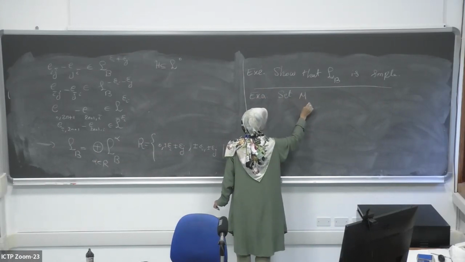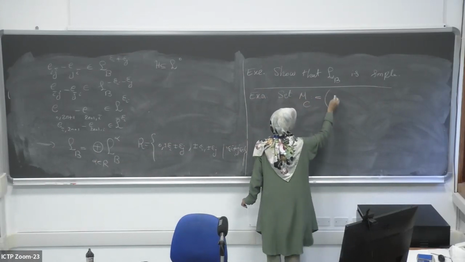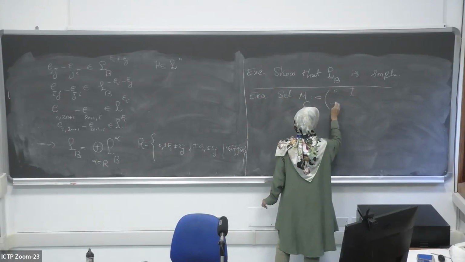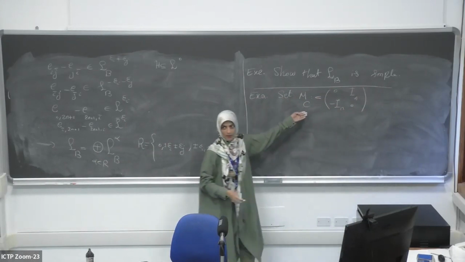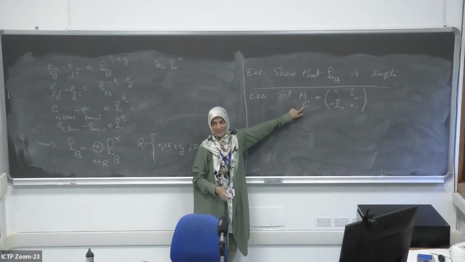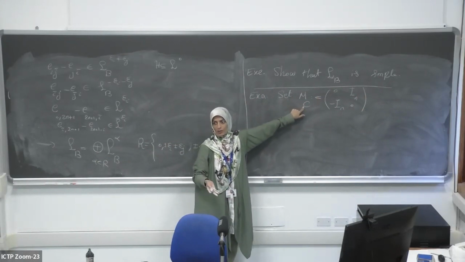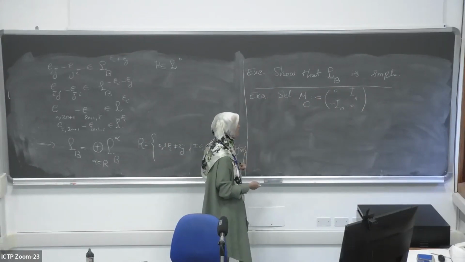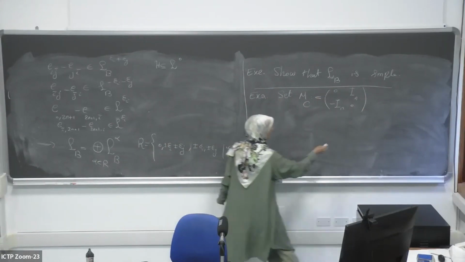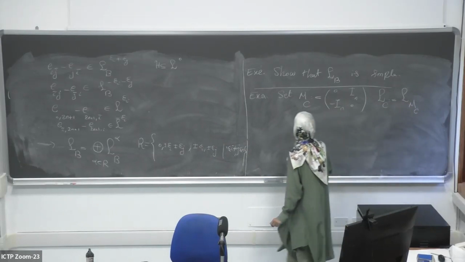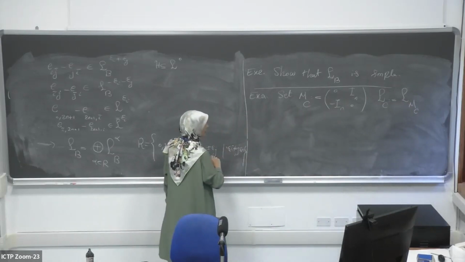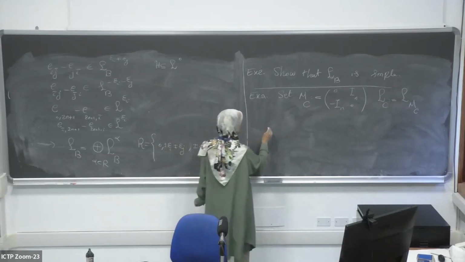Set M_C to be the matrix with blocks 0, I; minus I, 0. And now you realize what this thing is. Because I want to introduce you to another kind of simple algebra, which is of type C. And then we put L_C to be L(M_C), and let's find the elements of L(M_C).